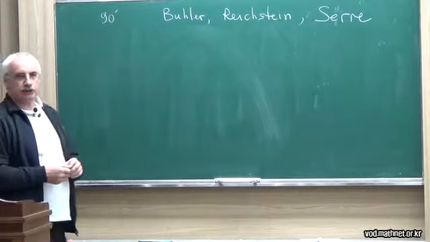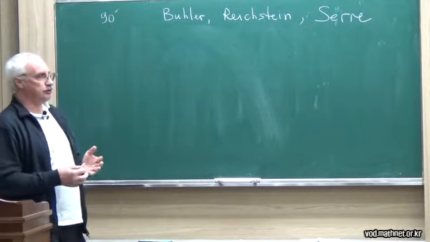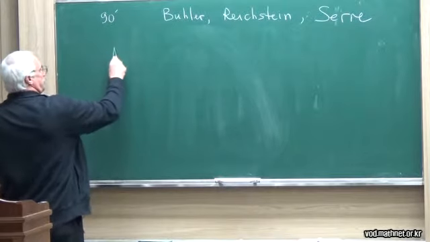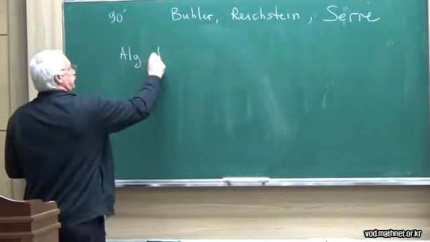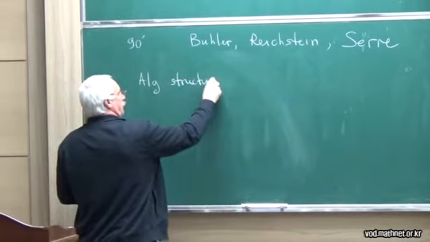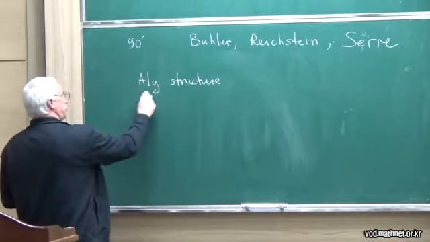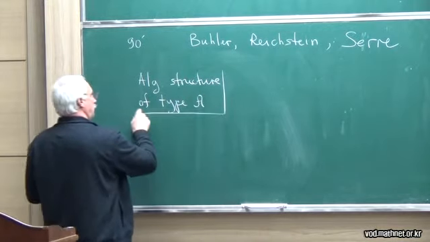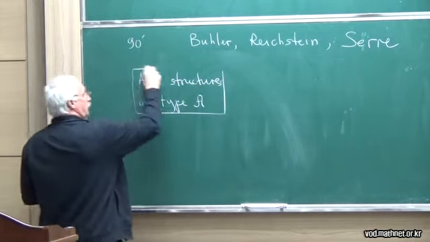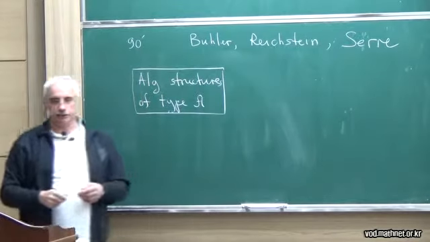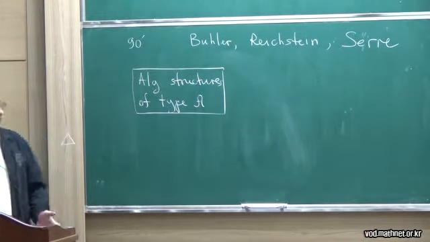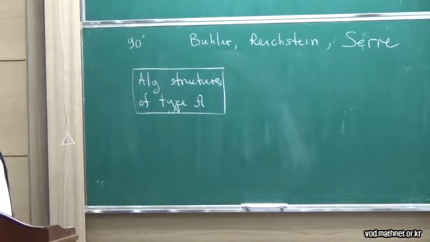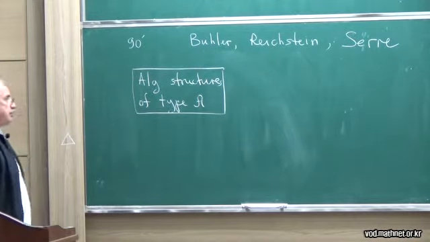So suppose we have a class of algebraic structures or algebraic objects, of some type, say of type A. Well, we will have plenty of examples later, but those could be quadratic forms of given dimension, or algebras with some properties, algebraic varieties even.